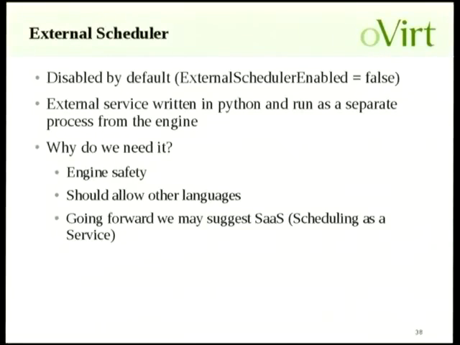If a user writes code, it can be dangerous to the system. We want to allow other languages as well. oVirt is written in Java, and this module is written in Python. And going forward, we want to support SAS, which is kind of scheduling as a service.